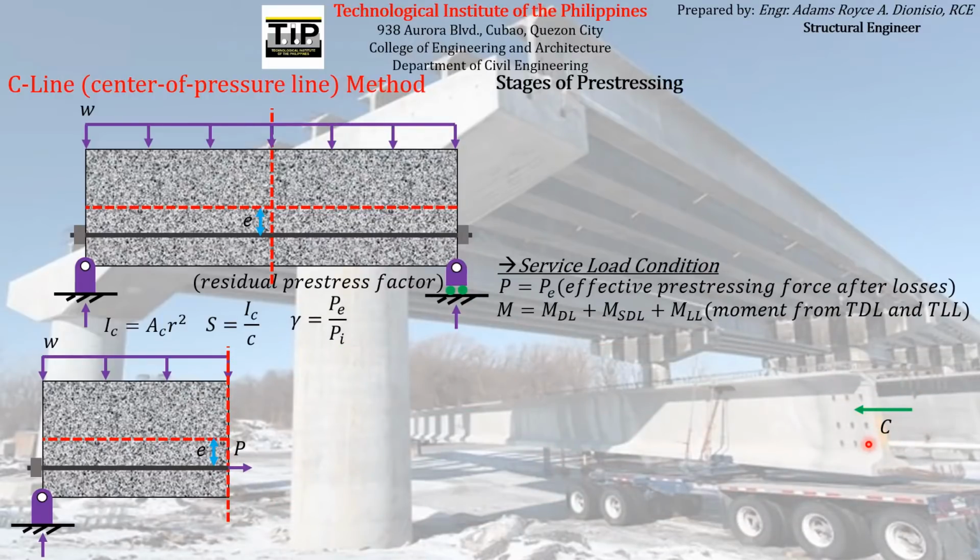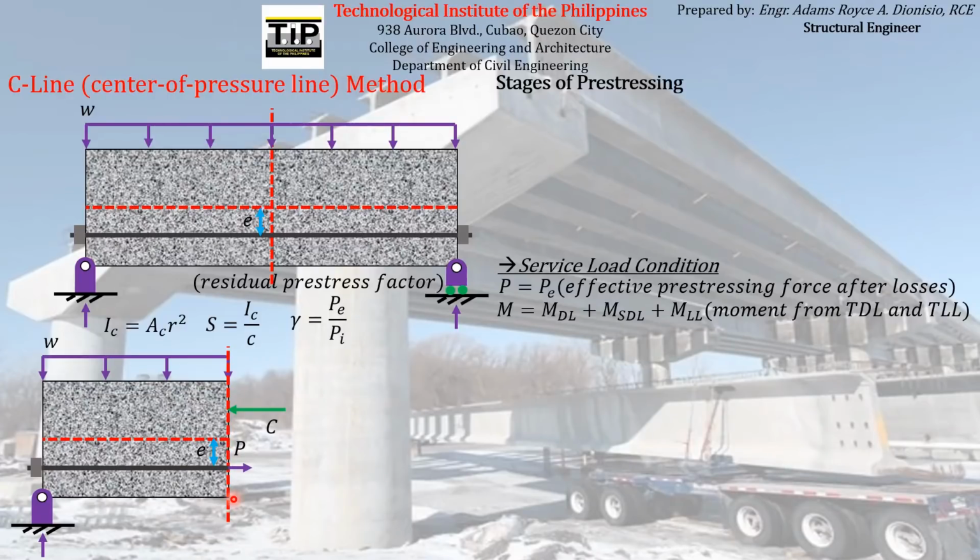Again, take note, guys, our color coding is that all of the green forces, moments, or stresses you will see here are acting on the concrete alone, while the purple one is the force acting on the pre-stressing reinforcement. For clarity, let us move this single total compressive force C near the concrete cross section for clarity of illustration.